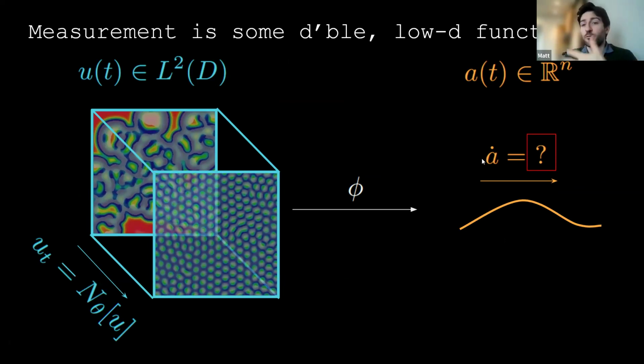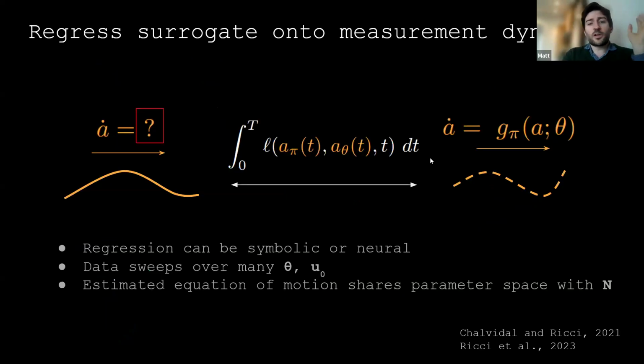And the hidden flow of the measurement dynamics transports A of 0 to A of, let's say, big T, something like that. The learning process consists of seeding, if you will, the surrogate model with the true A of 0. But after that, it's on its own. Okay, so the surrogate model starts as the image of the true model. Exactly. And then you run the dynamics and you compare the endpoints.